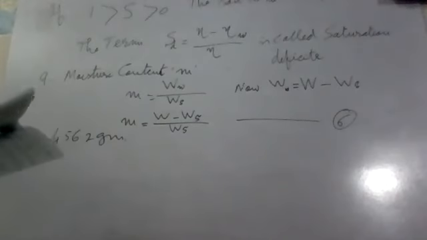W is equal to this much. And after drying, the weight reduced to 435.3 grams. That means Ws is equal to 435.3 grams.